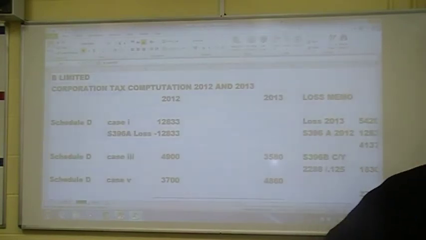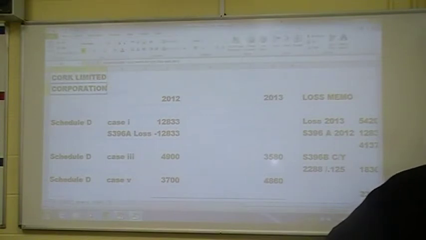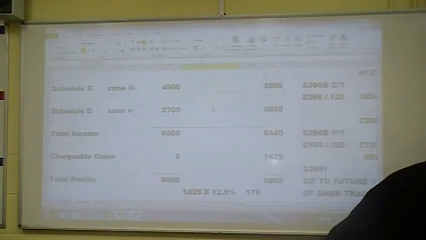That's Cork Limited. Okay, so we're doing 2012, 13 and 14 here now.